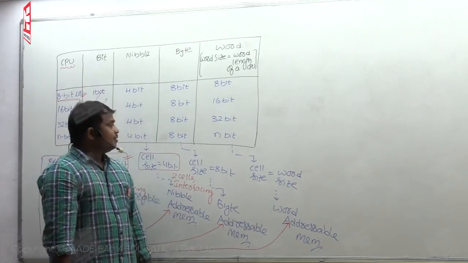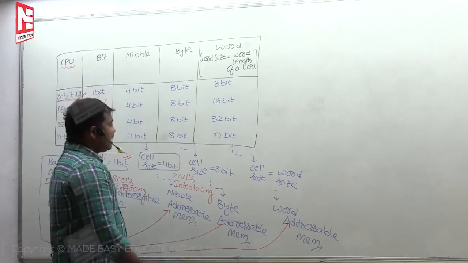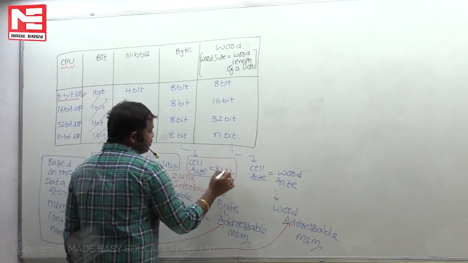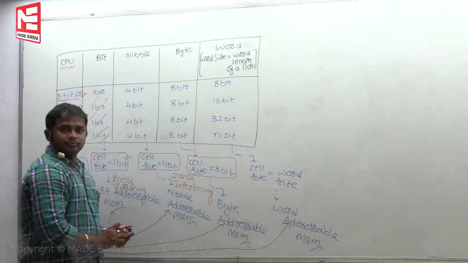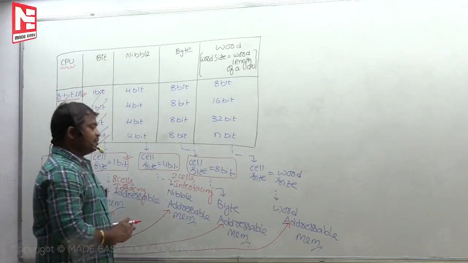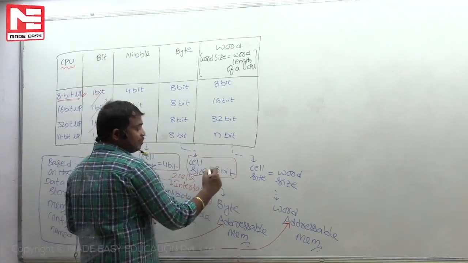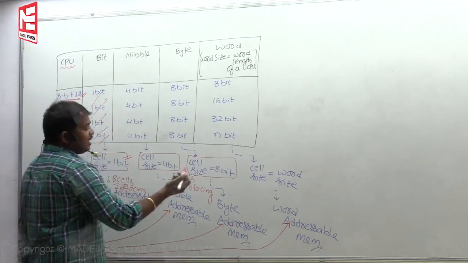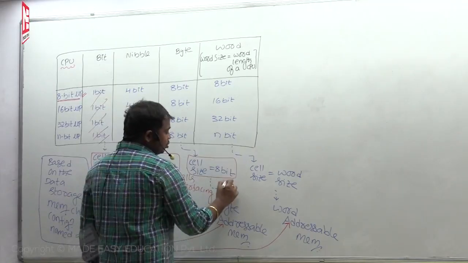Okay, now suppose in the market we have a memory chip that is a byte addressable memory. So that means cell size equal to 8 bits. 8-bit cell size means for an 8-bit CPU, 8-bit data is available in only one cell.